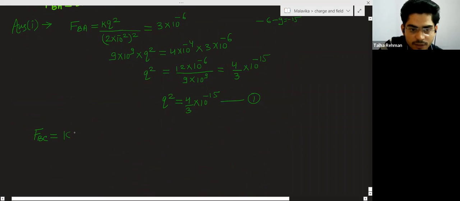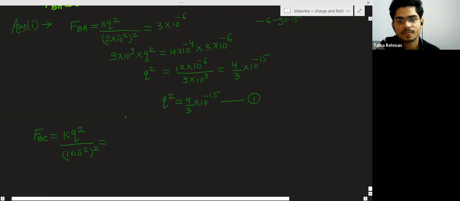So k q square divided by 1 into 10 to the power minus 2, squared. Actually we should calculate the value of k q square directly, but no problem. We have the value of k, 9 into 10 to the power 9, and q square is 4 by 3 into 10 to the power minus 15.